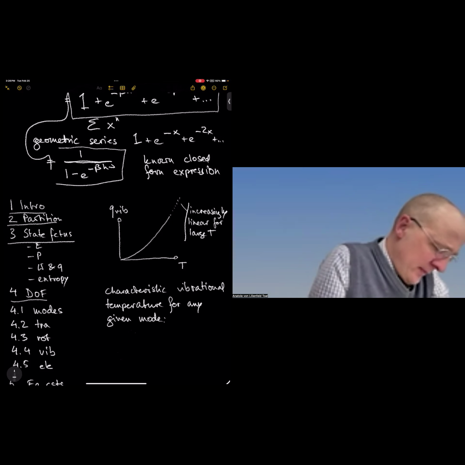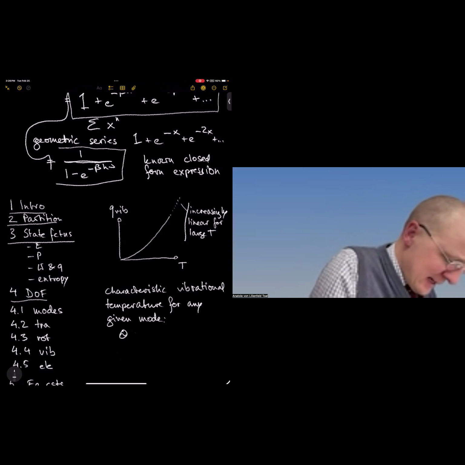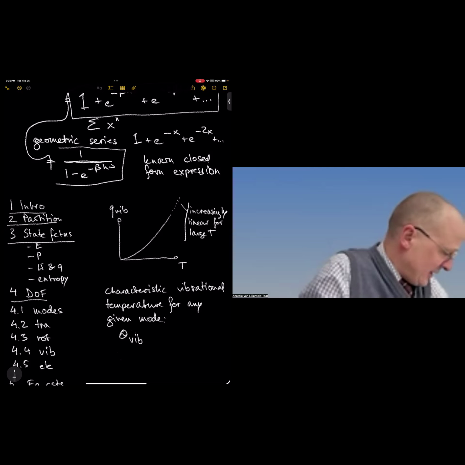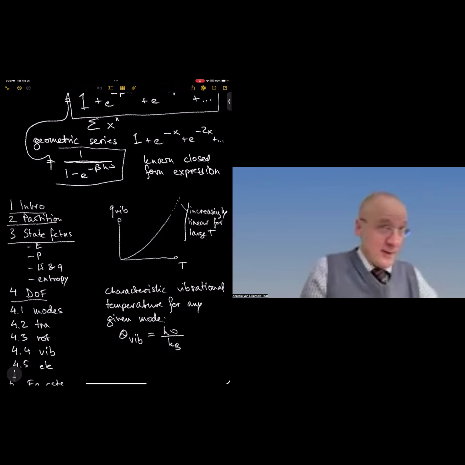And this is the capital theta, the symbol we like to use for this, just like in the case of the rotation. And this is h nu over Boltzmann's constant.